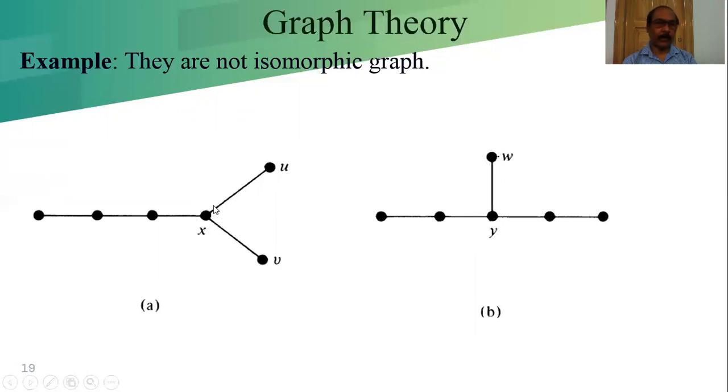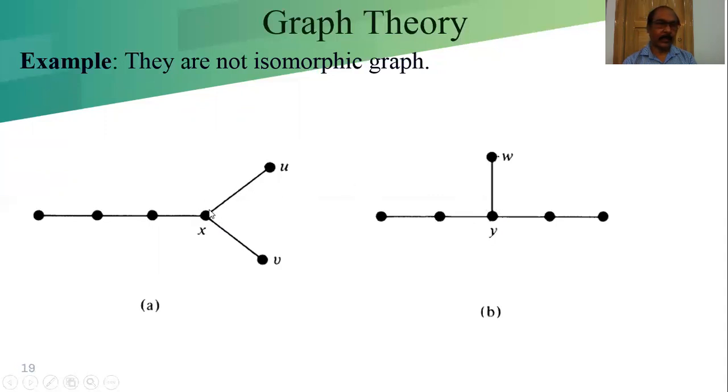If we compare with this, it is not satisfying the incidence property of this vertex. If we say vertex x corresponds to y, they are not satisfying the incidence property.